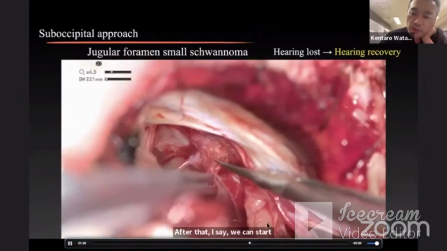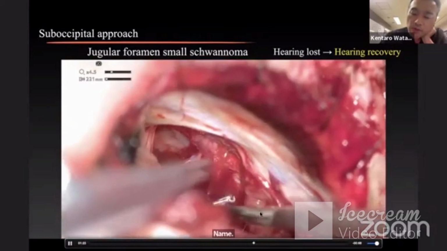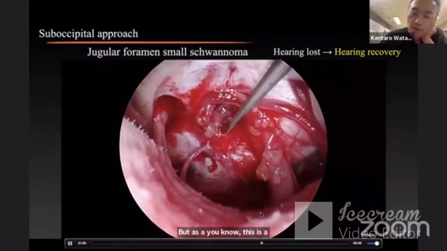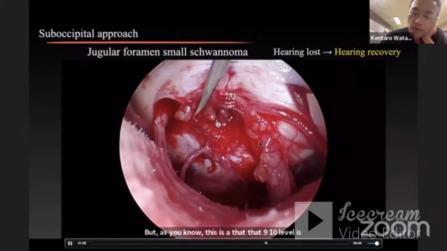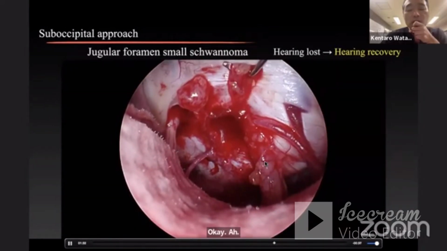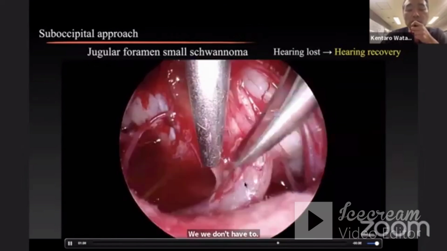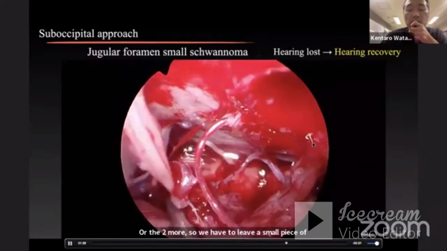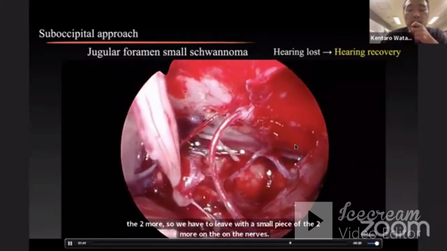But as you know, the 9, 10, 11 nerves are very fragile, so we don't have to remove all the tumor. We have to leave a small piece of the tumor on the nerves to preserve the nerve functions.